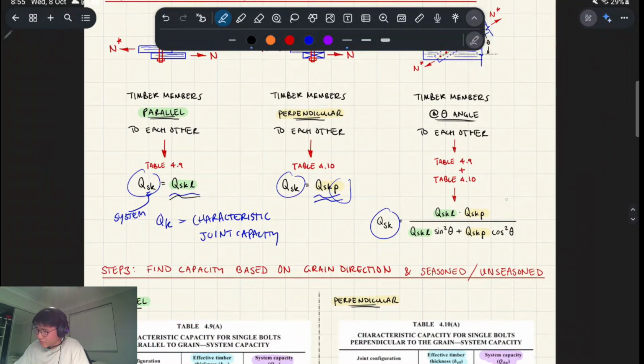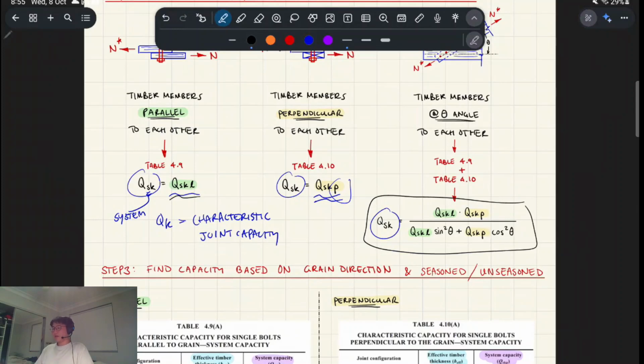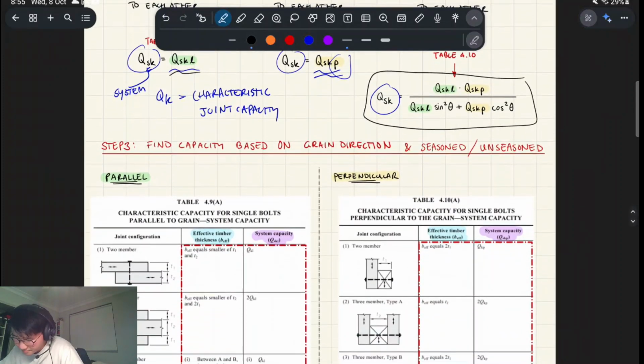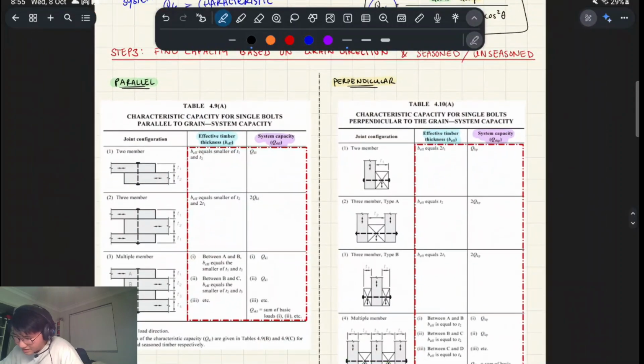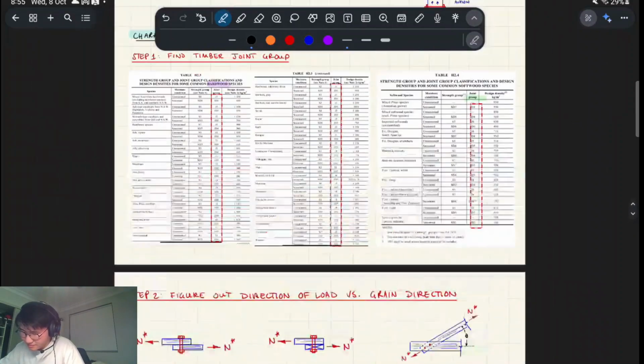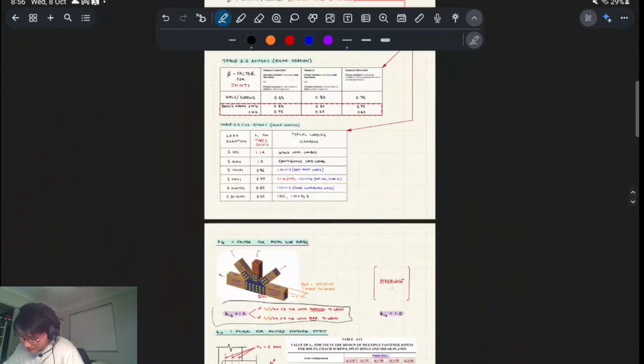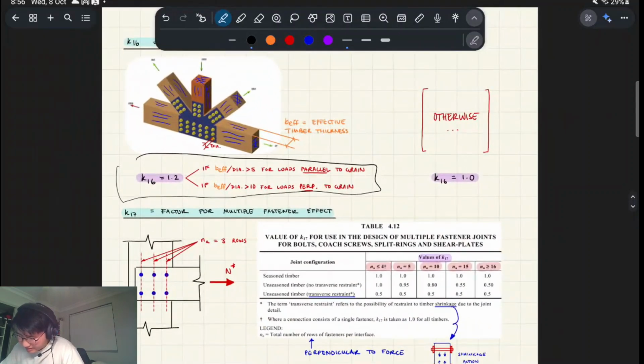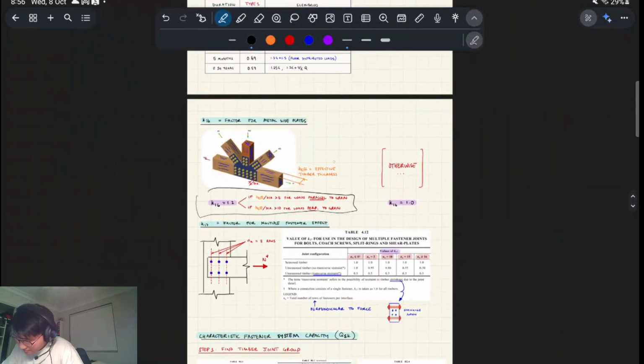And then if you have timber members at a certain angle to each other, you have to do both and compute it in this formula together. So perpendicular and parallel will have different definitions for effective timber thickness, which is what this was in the K16 factor, right? This thing.